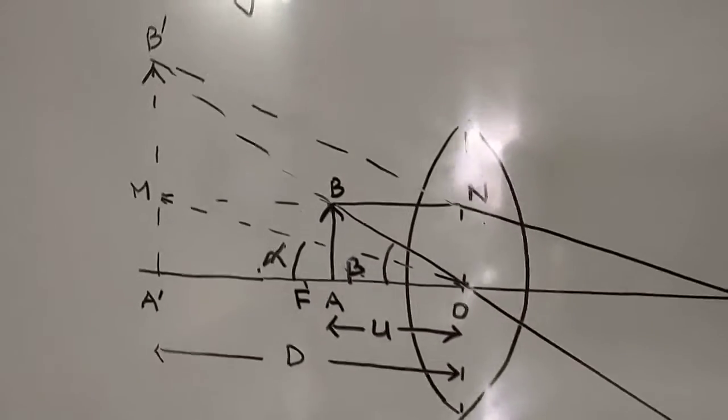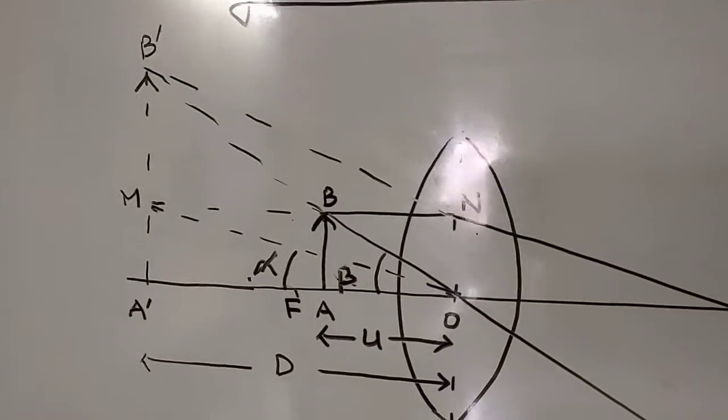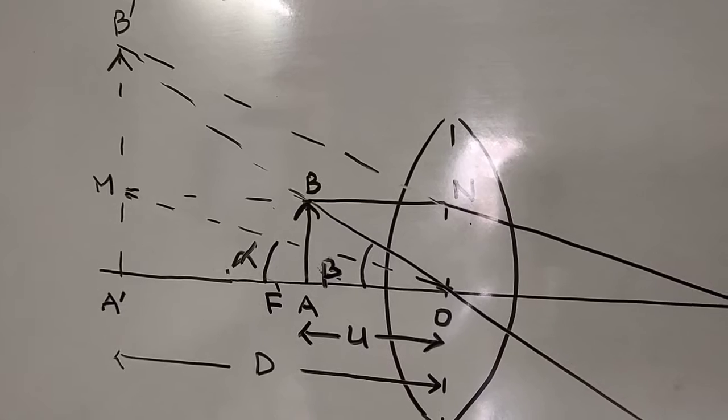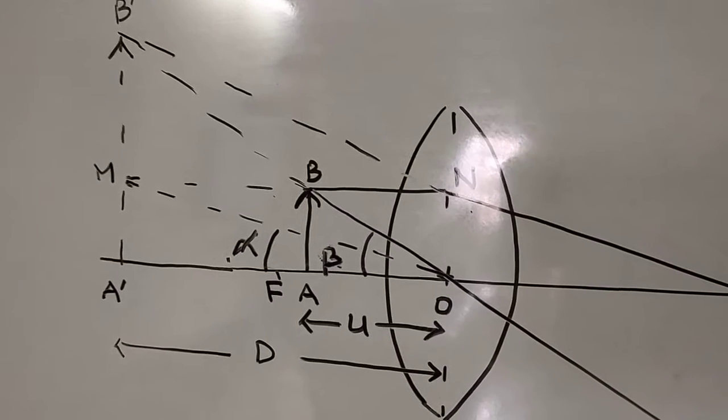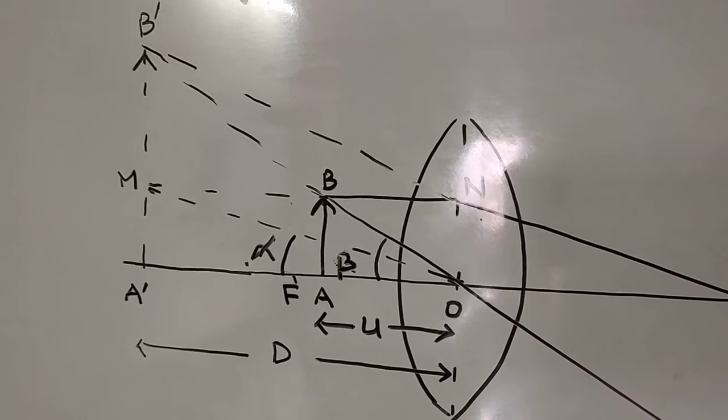Now you see, if you see this figure, the image A dash B dash makes an angle beta. Now this image is at the least distance of distinction.